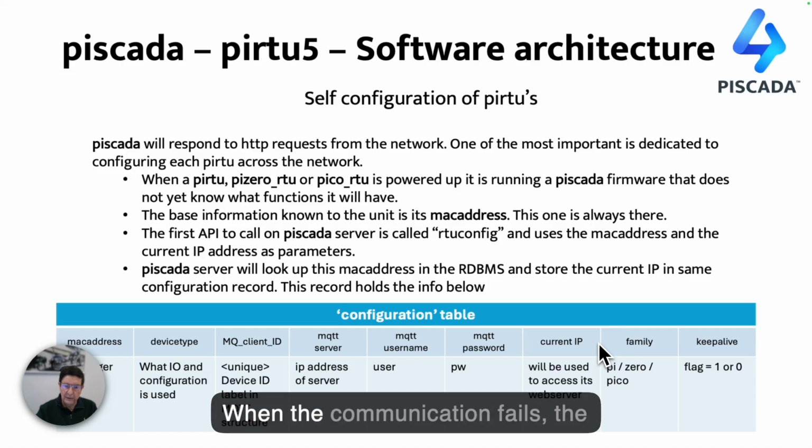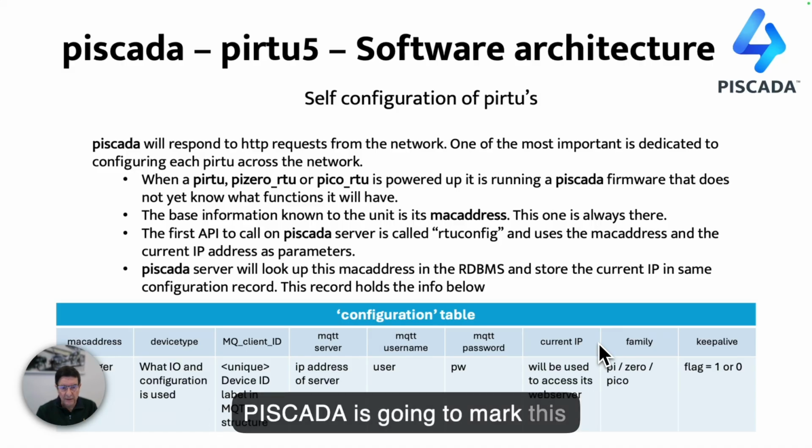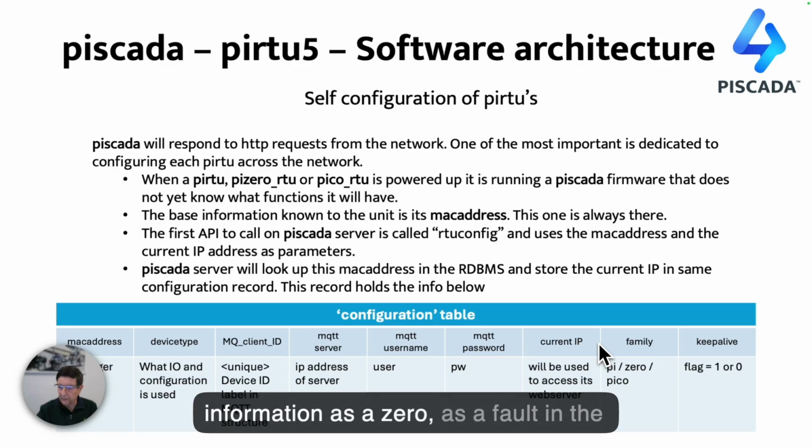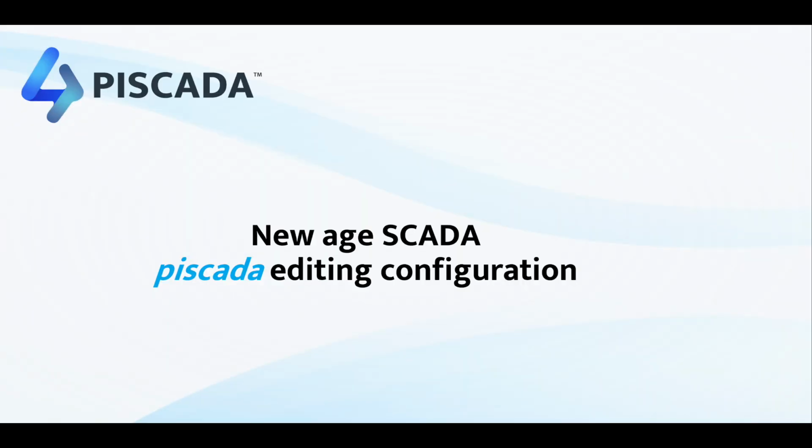So if the communication fails, the piscada is going to mark this information as a 0, as a fault in the keep alive, and then regularly it will try that unit again to see if it comes back to life, and it will adjust that variable there.